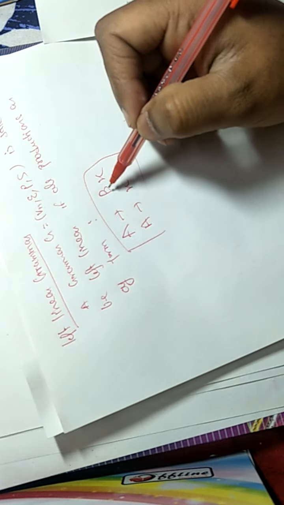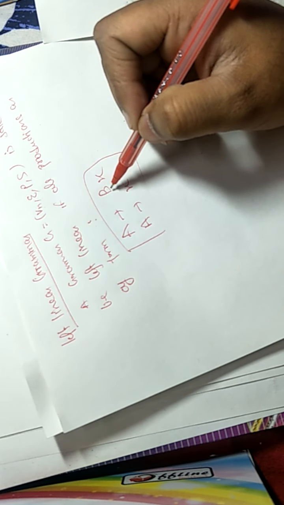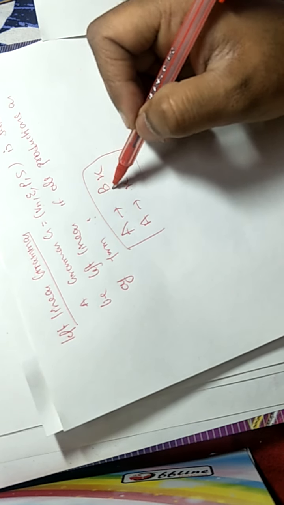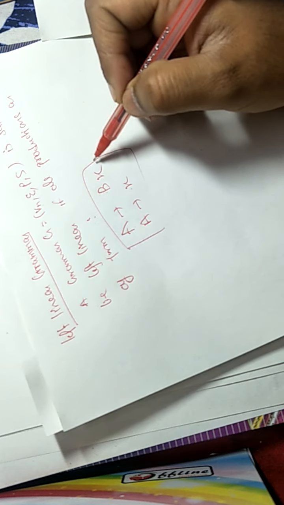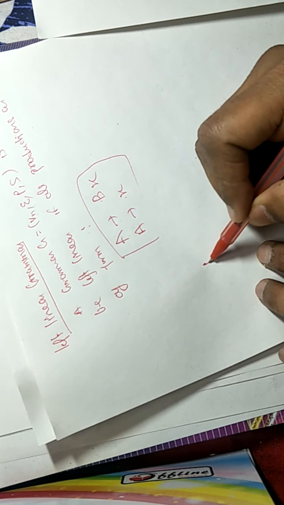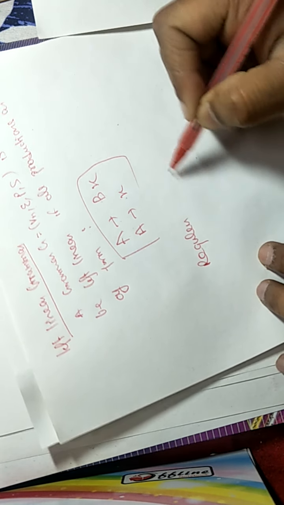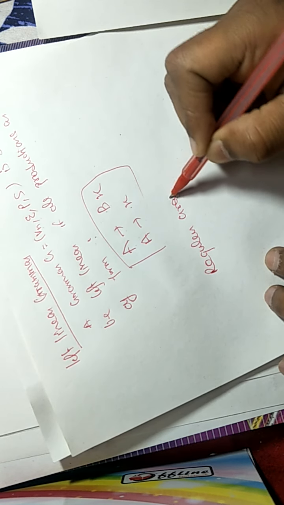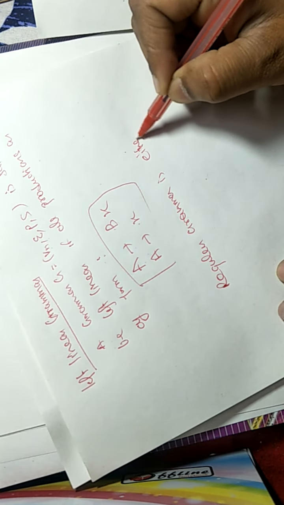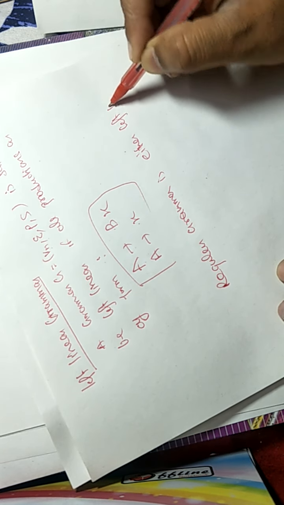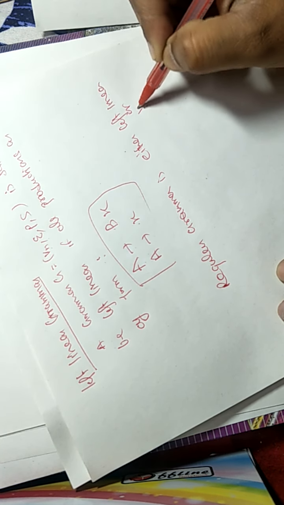In the right hand side we have a single non-terminal or zero non-terminal at the leftmost position only, followed by any number of terminals. So it is a left linear grammar, and a regular grammar will always be either left linear or right linear.